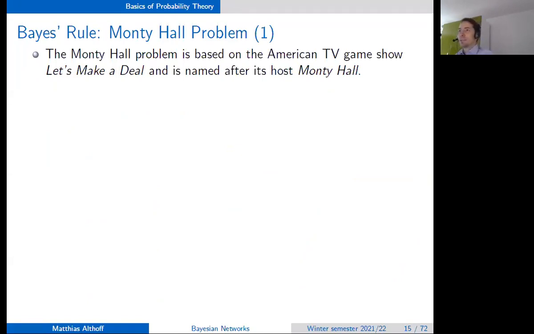Who already knows this Monty Hall problem? So A would be yes and B would be no. Somebody wrote it's discussed in DWT. Okay, yes. I'm waiting in the meantime for the outcome.